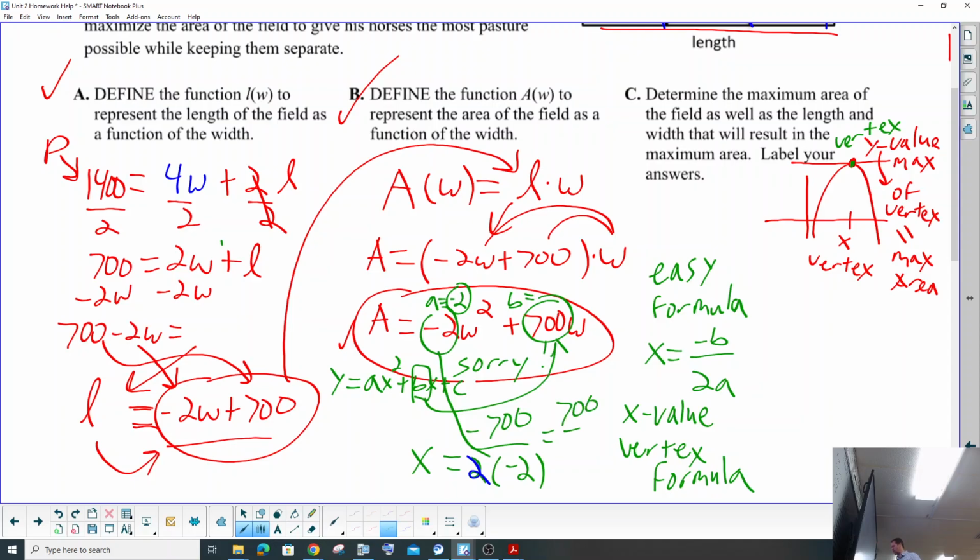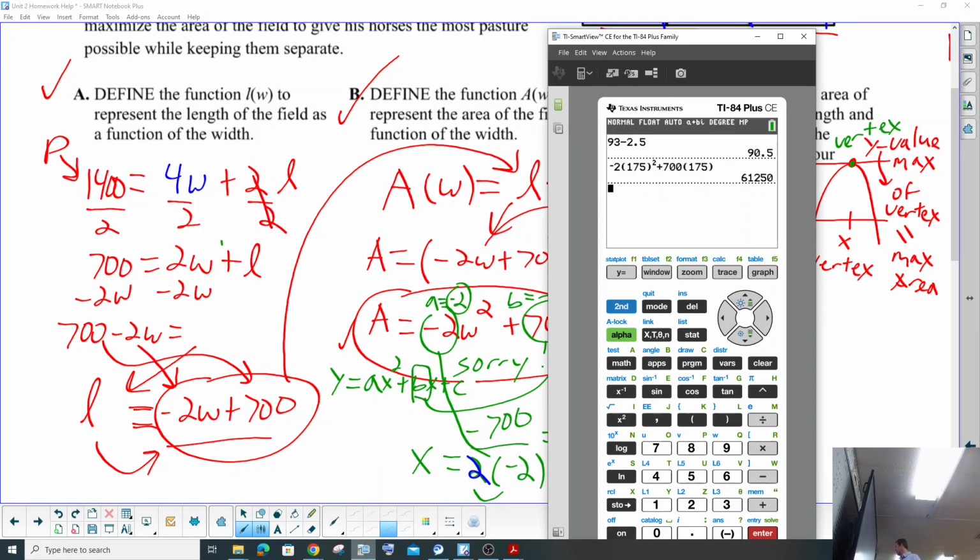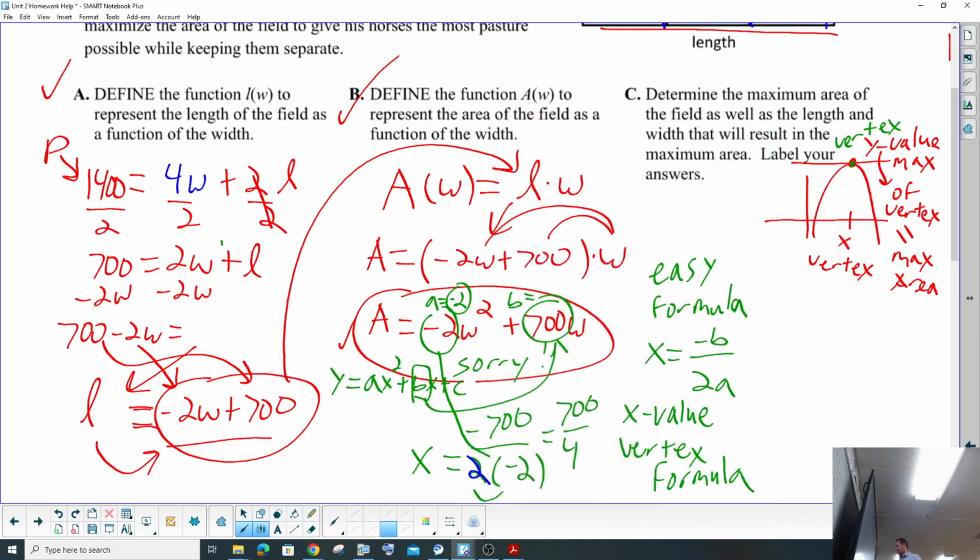So we get 700 divided by 2 times 2, which is 4. What is 700 divided by 4? It's 175. Whoa!